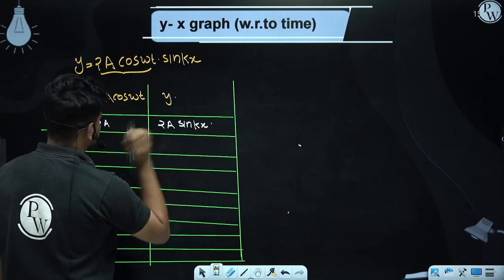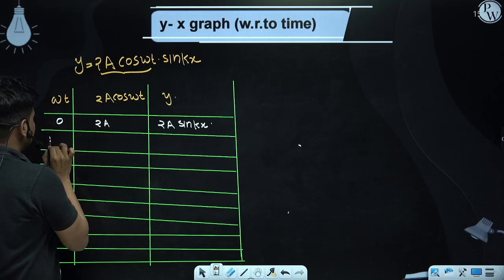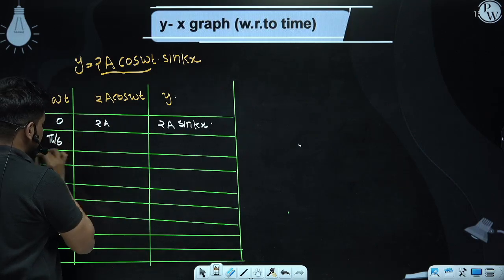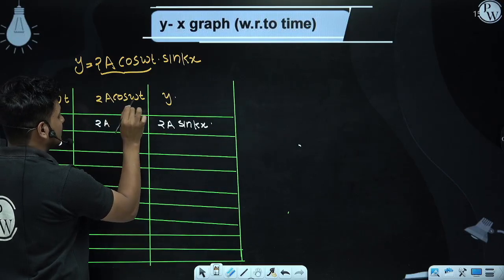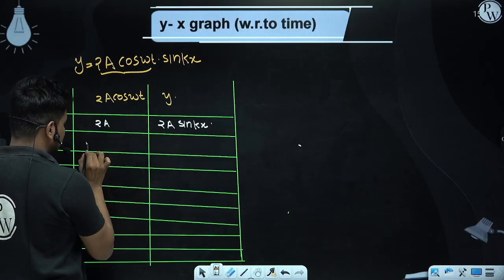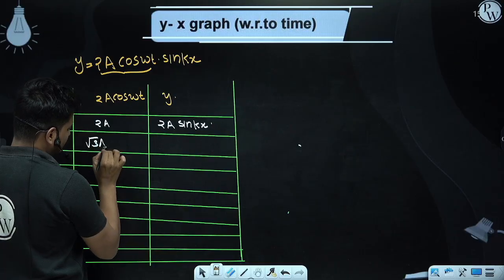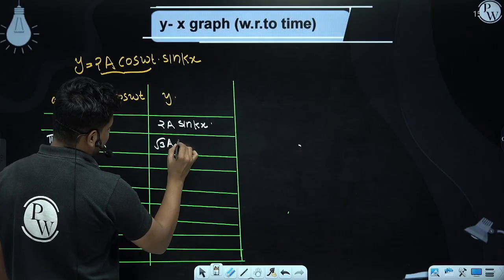Next the angle is 30 degrees, which is pi by 6. 2a cos pi by 6: cos pi by 6 is root 3 by 2, times 2a, we get root 3a. So y is root 3a sin kx.